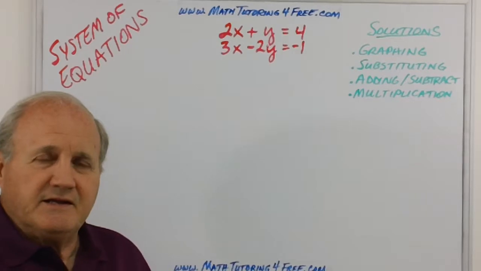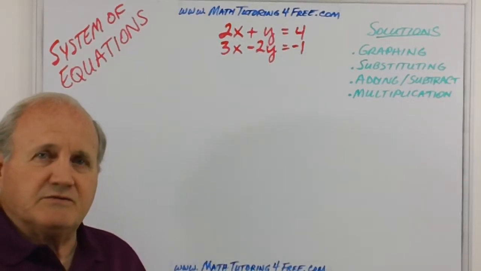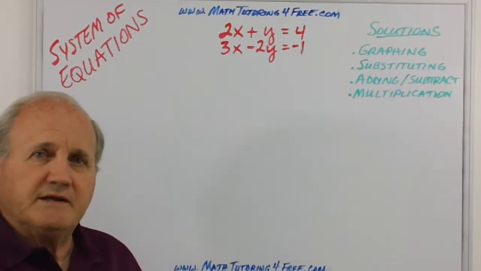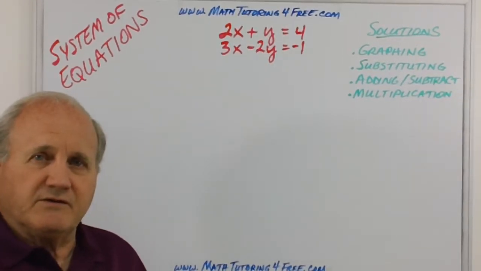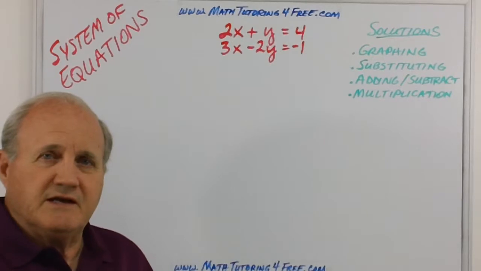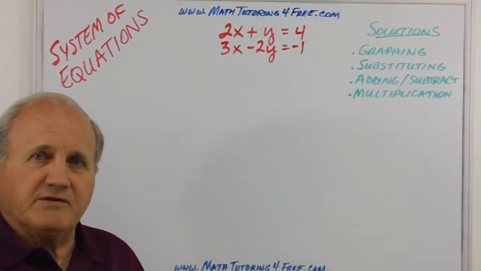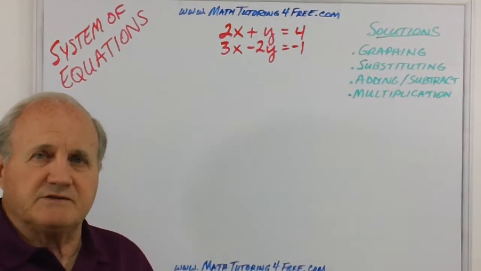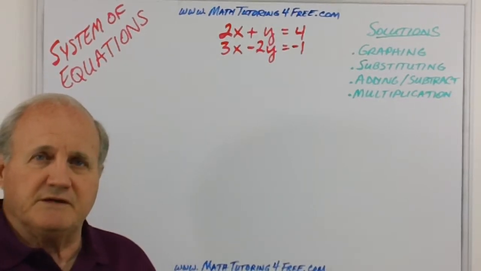And if you can imagine trying to estimate the value of x and y on a graph, I don't care how good your graph is and how detailed the paper is, it's very difficult to do. But if you're looking at approximations, that's definitely one way of doing it.